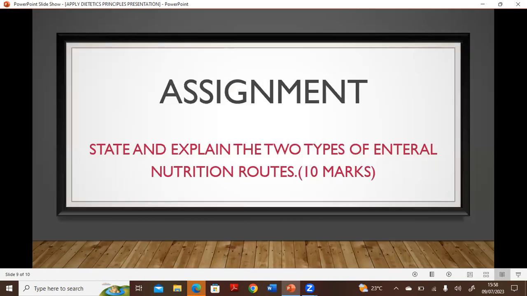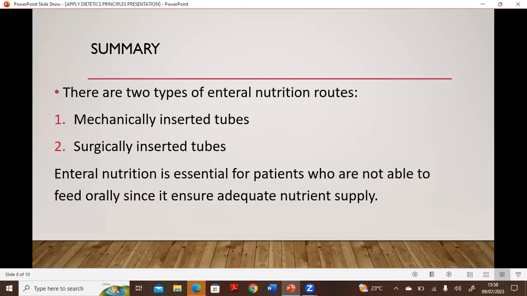Elima, any type of mechanically inserted tube that you've learned? Nasojejunal. Yeah, very correct. We have nasojejunal, nasogastric, orogastric, and nasoduodenal.